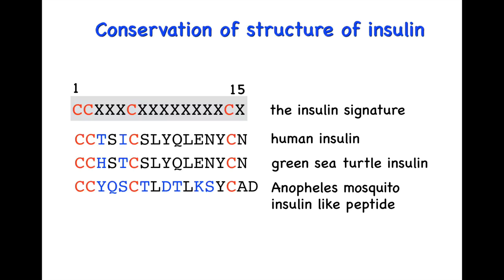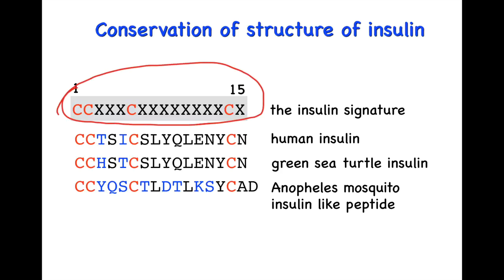Now, this is an interesting slide here, because I've dug this information out of UniProt, and we can see the conservation of structure of insulin across 3 different species, right? This is the insulin signature. So this part here is the insulin signature.